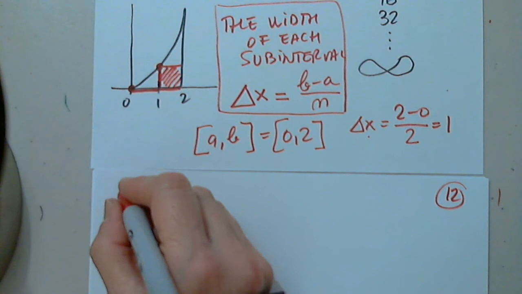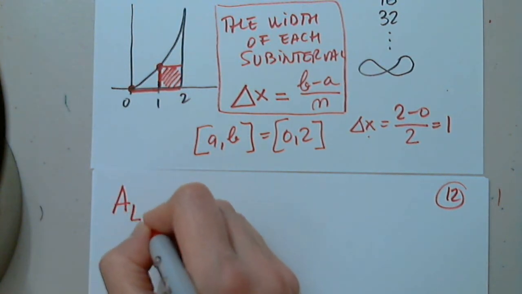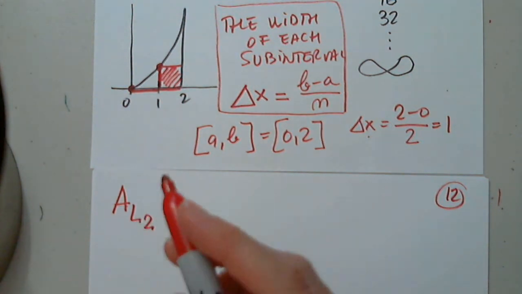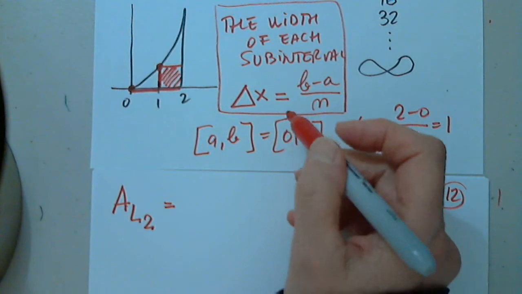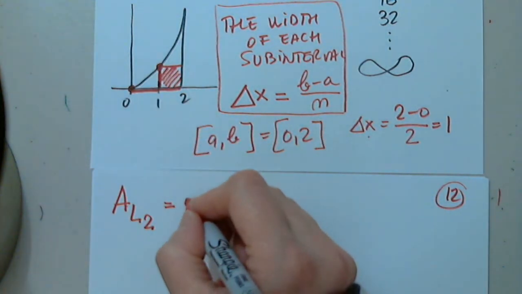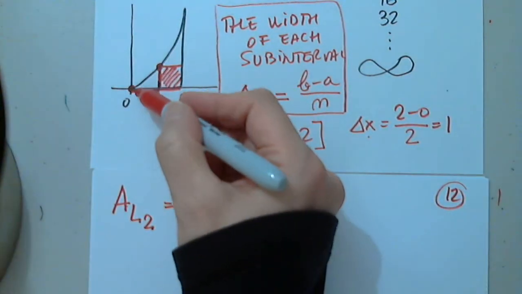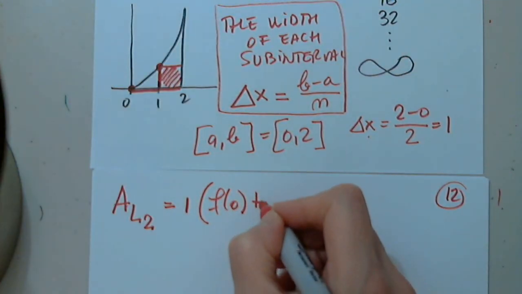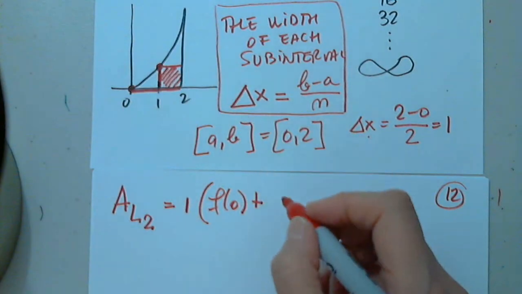So the area with the leftmost point with 2 subintervals is delta x, which is 1, times f of 0 plus f of 1.